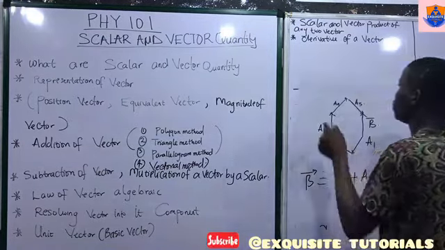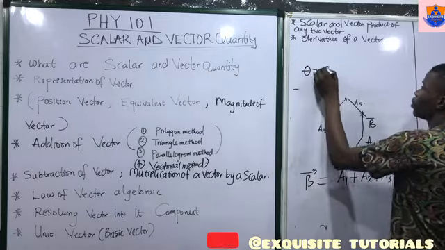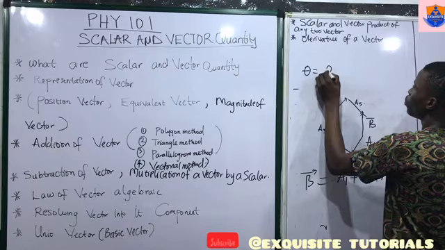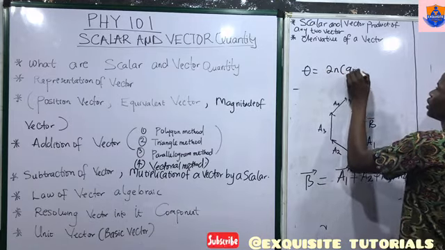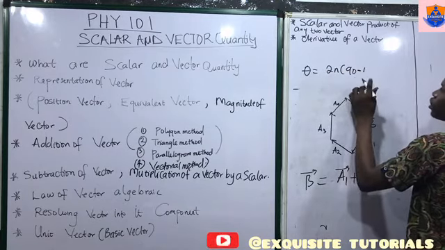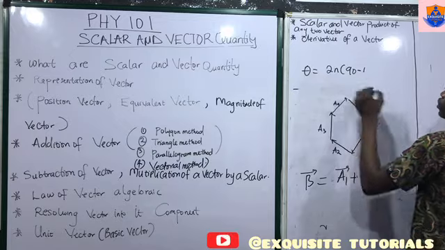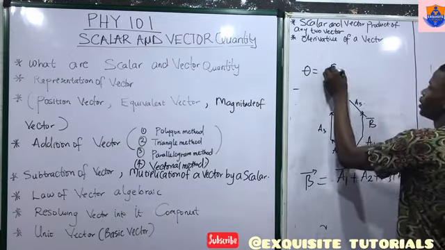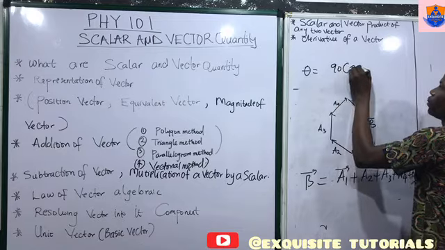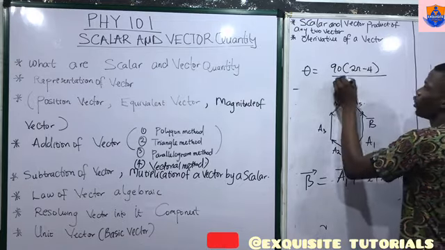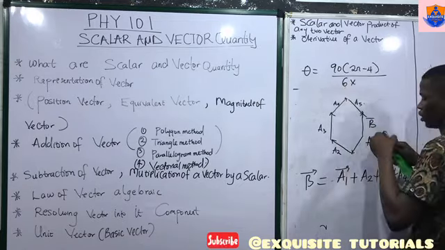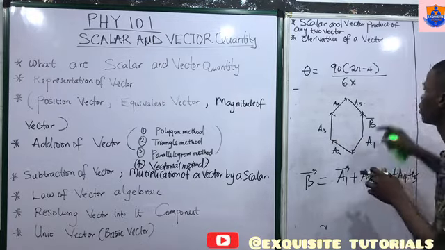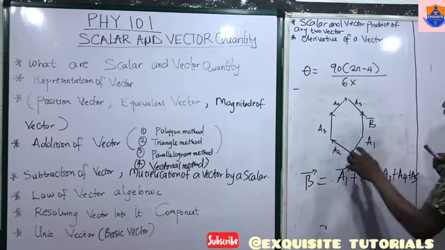You now have to determine the angle theta, which is equal to 90 bracket 2n minus 4 all over 6, that is, divided by 6 for the angles it will form.